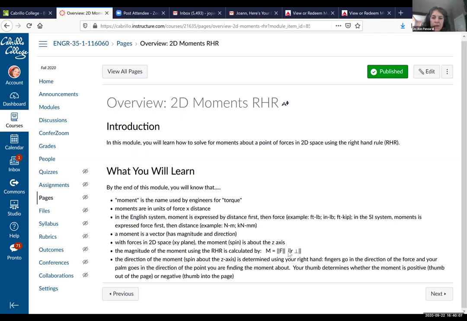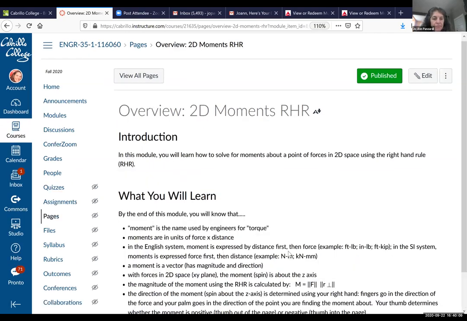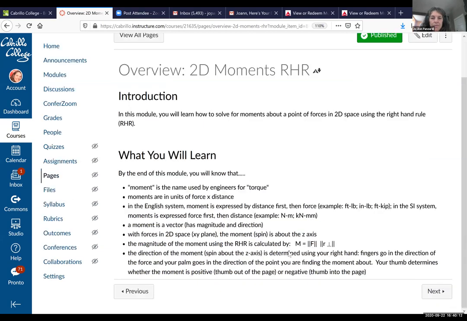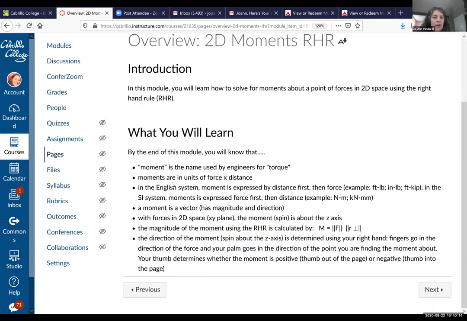Let me make this bigger. Today we are working with the right-hand rule only in 2D space. The magnitude of the moment is calculated by the absolute value of the force times the absolute value of the perpendicular distance.